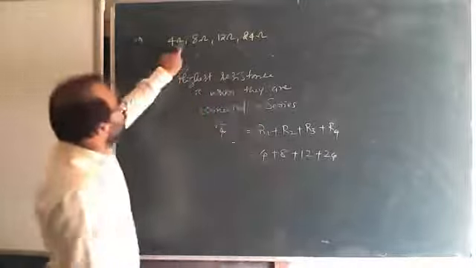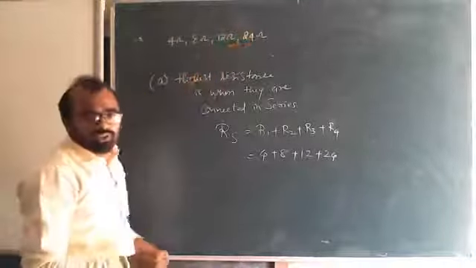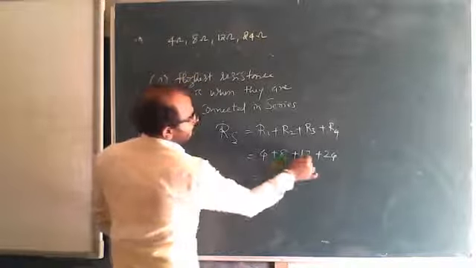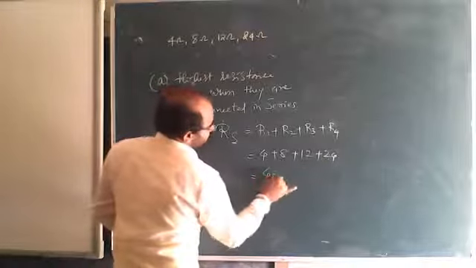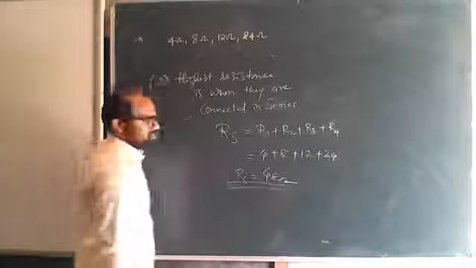R1 is 4 ohm, R2 is 8 ohm, R3 is 12 ohm, R4 is 24 ohm. So 4, 8, 12, 12, 24, 24, 48 ohms. So Rs is equal to 48 ohms.